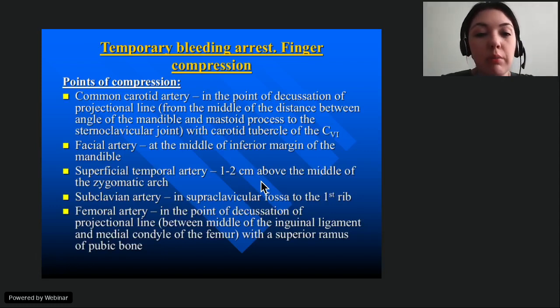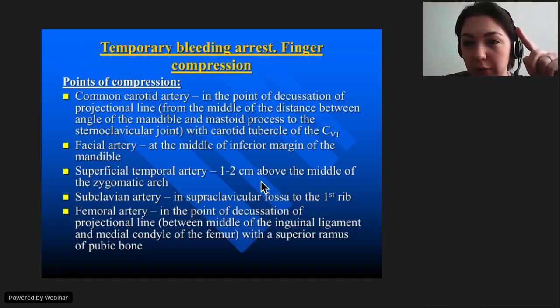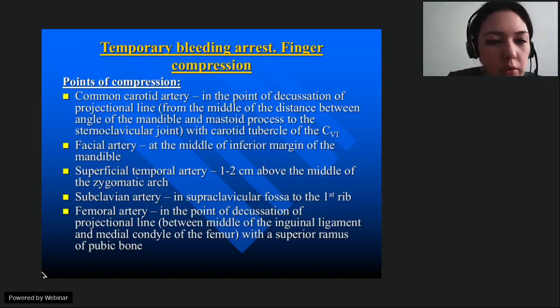And certainly, for all the previously mentioned arteries, we can use just one finger, like a thumb maybe. In case of compression of the femoral artery, certainly we have to use several fingers because the femoral artery is rather large.